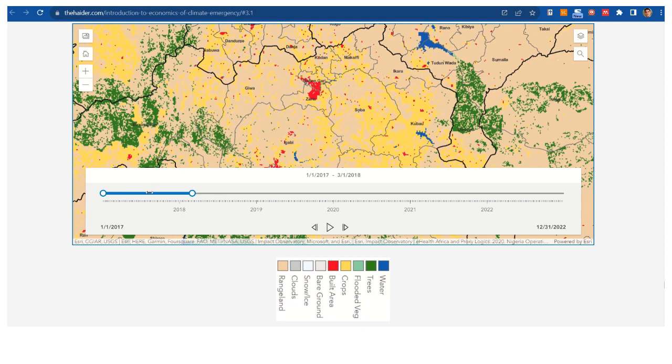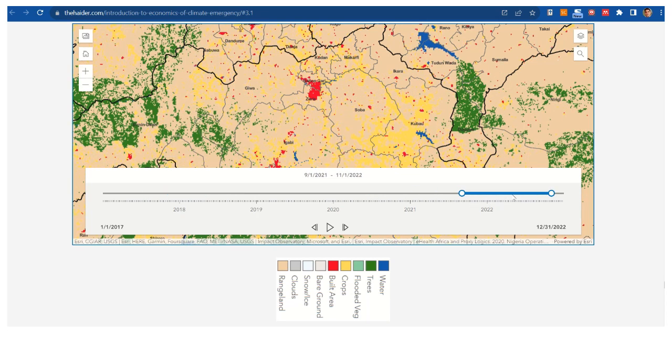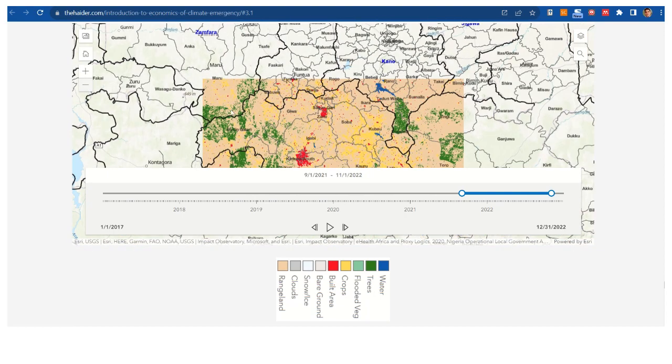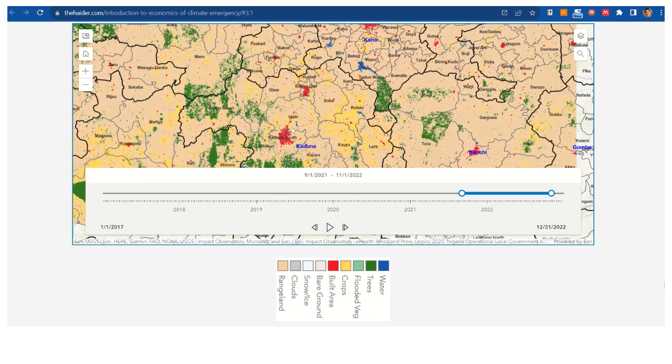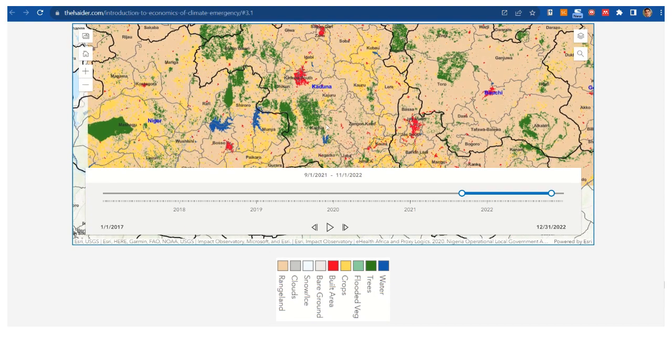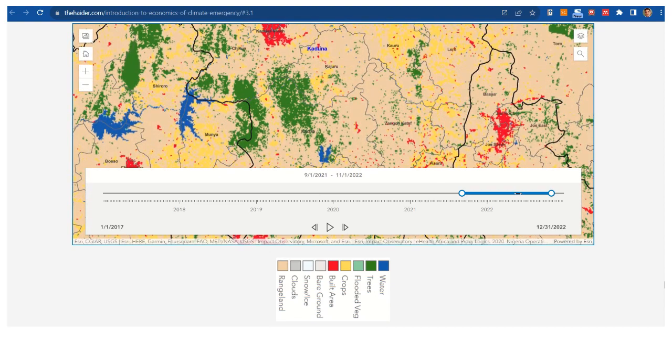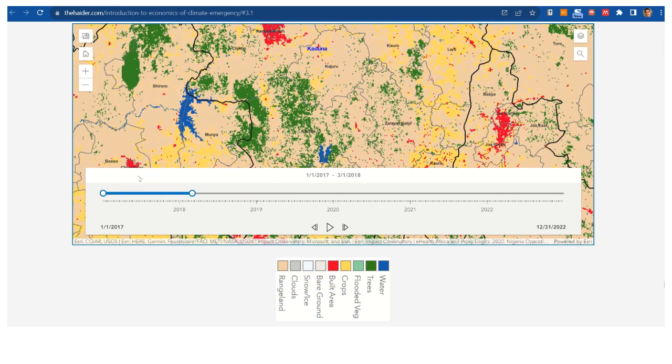If you move from 2018 to 2022, you will see that in some areas the trees have decreased. Like if you see this area here, this is 2022, but look at this, there is a shifting of the tree cover.